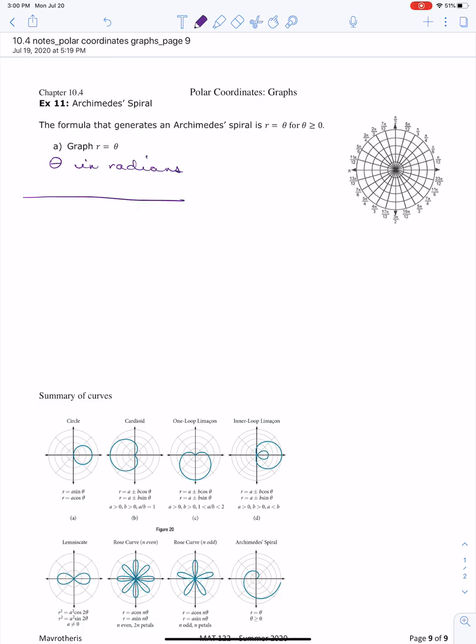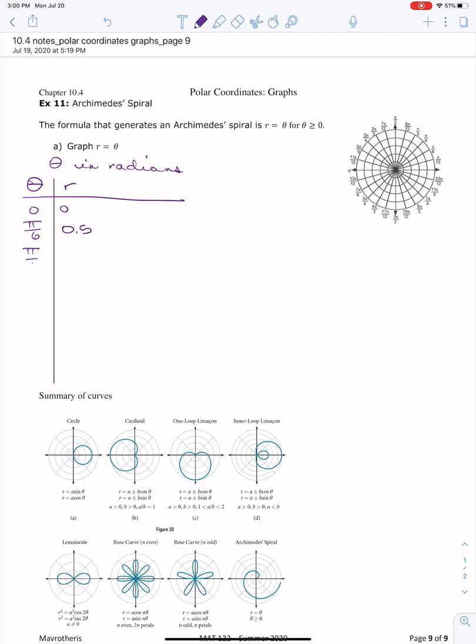And so let's take a look at some of these. Theta, r. Theta is 0, r is 0. That's pretty straightforward. Theta is pi over 6, r is 0.52, so roughly 1/2.